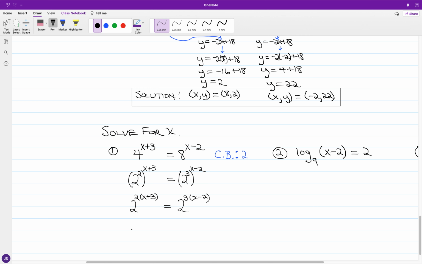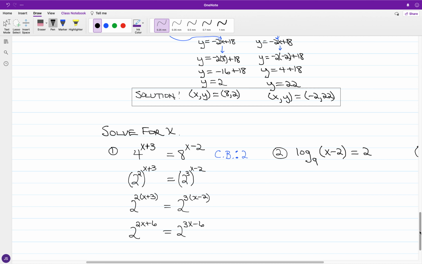So for what we have on the left, we have 2 raised to the 2x plus 6, and to the right, we have 2 raised to the 3x minus 6 power.